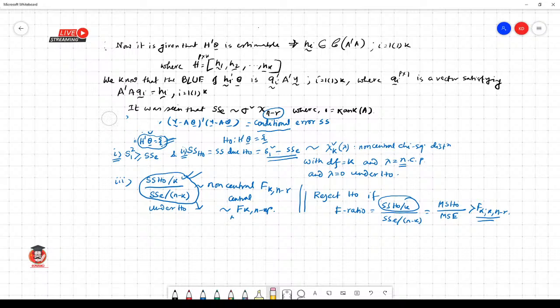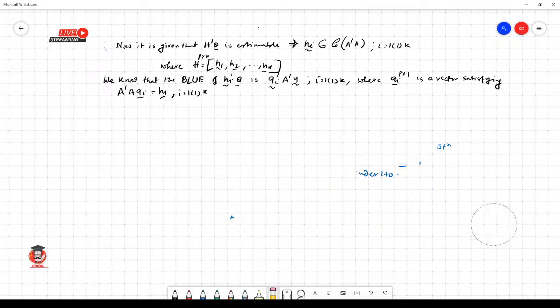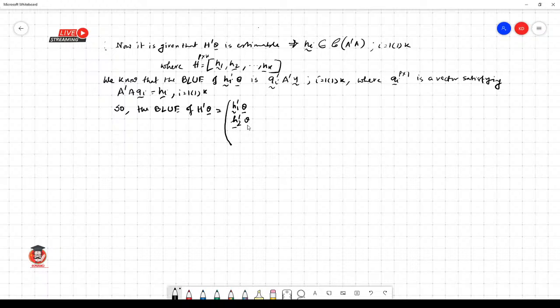So the BLUE of H prime theta curl is equal to, we write this H prime theta curl as h_1 prime theta curl, and the BLUE of h_1 prime theta curl is q_1 curl prime A prime y curl.